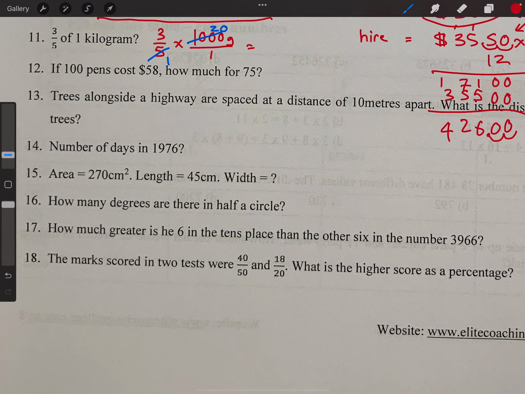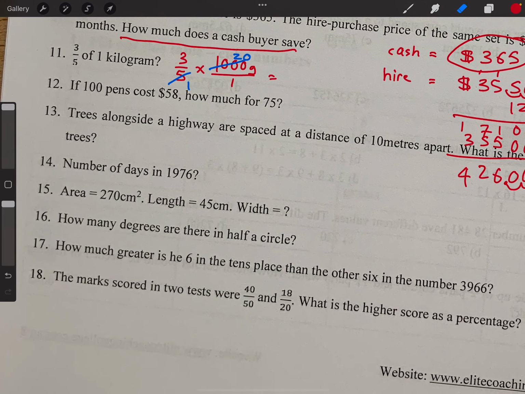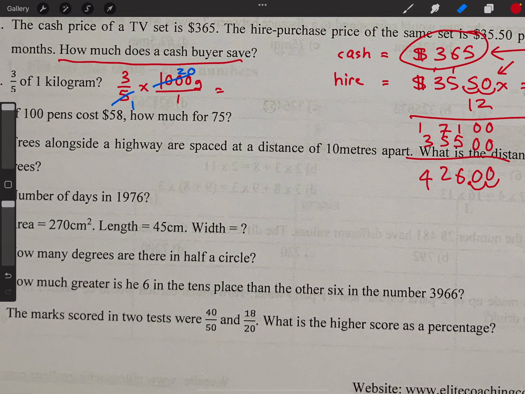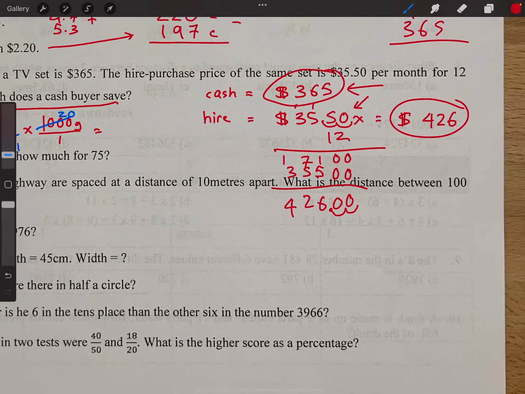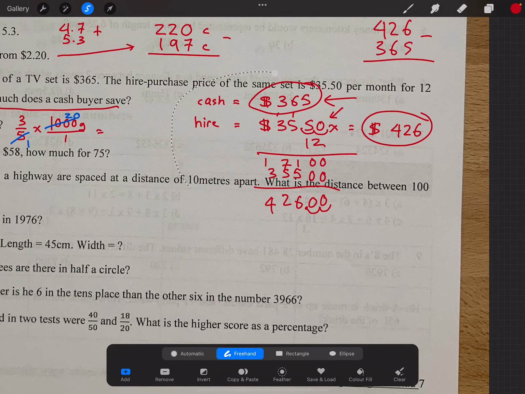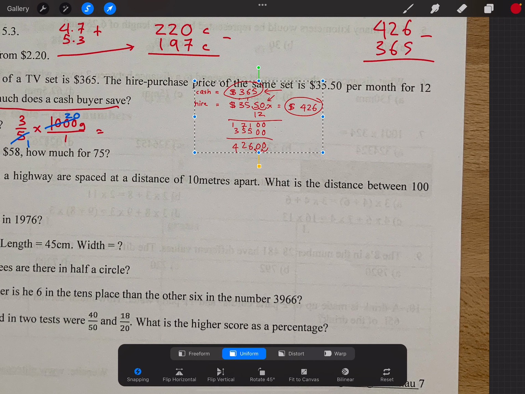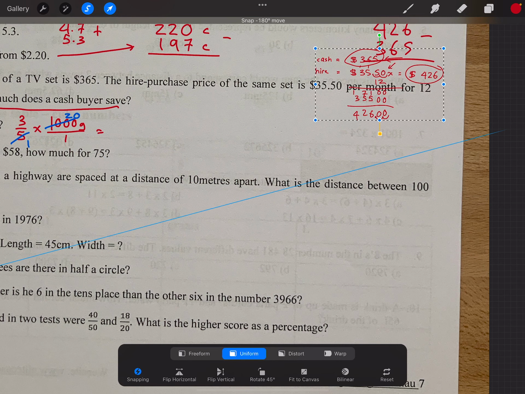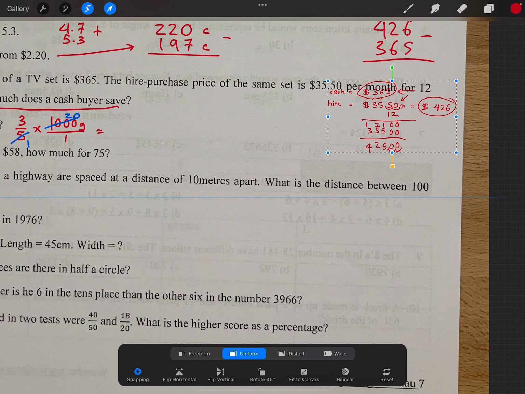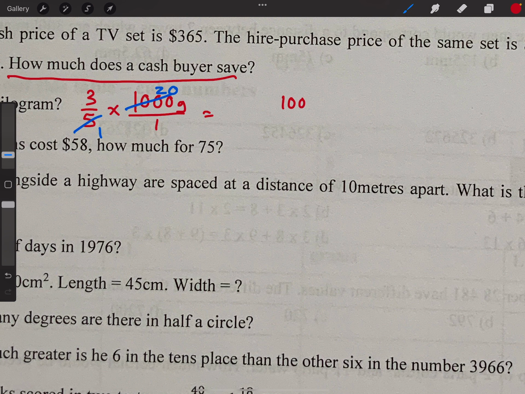Question 12. It says, if 100 pens cost $58, how much for 75 pens? Let me just give you an idea. Let me show you the fast way. Let me just get rid of this. I need some space. So 100 pens is equal to $58.